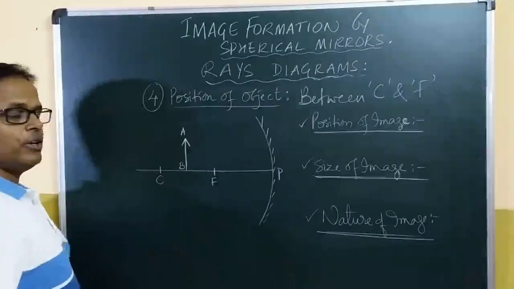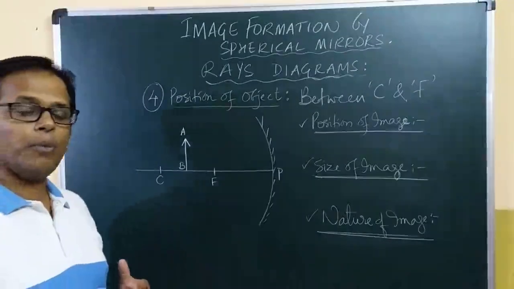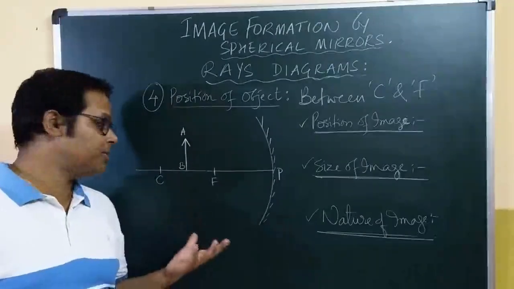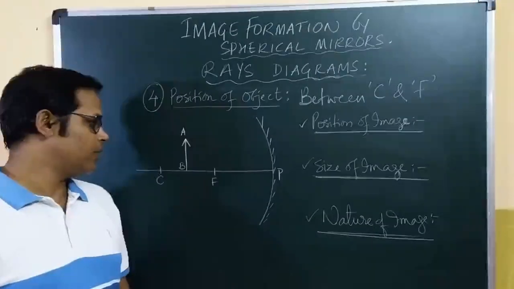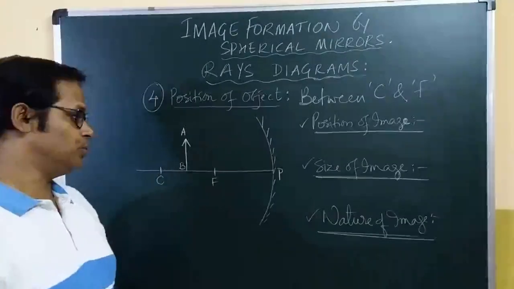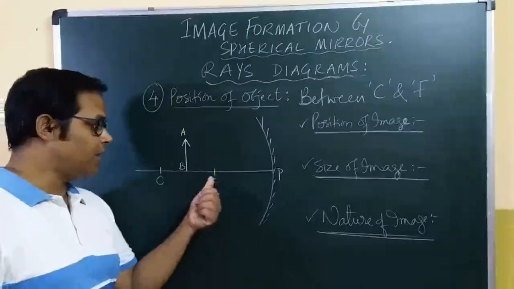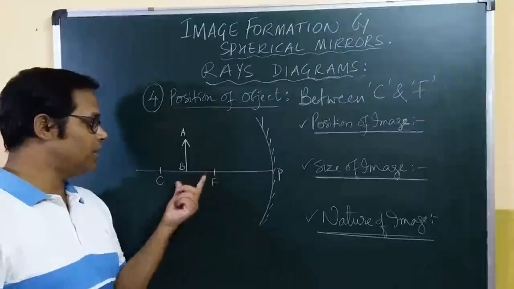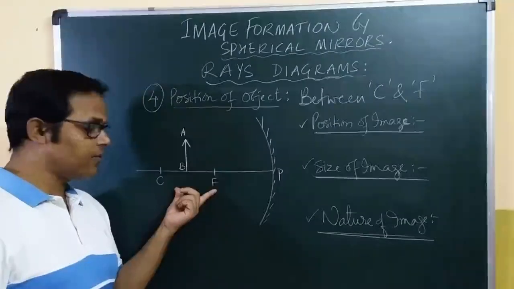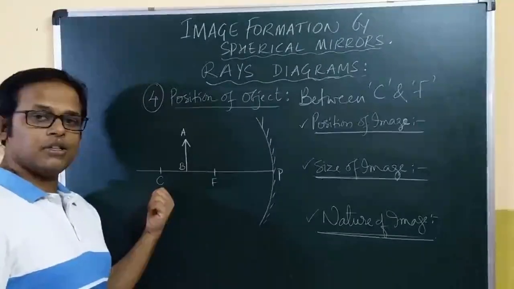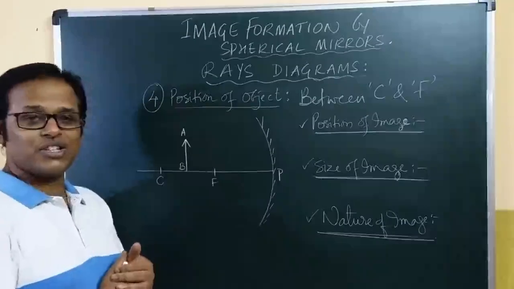Now, can you guess where the image should form? Even if we do this experiment practically, where should the image form according to you? If you go back to the first three diagrams, you'll find they have shifted from the focus, then between center of curvature and the focus, then the third one was formed at the center of curvature.